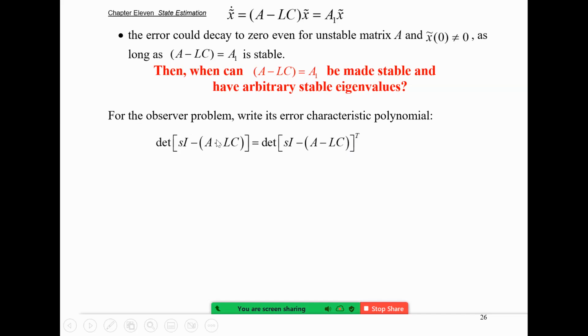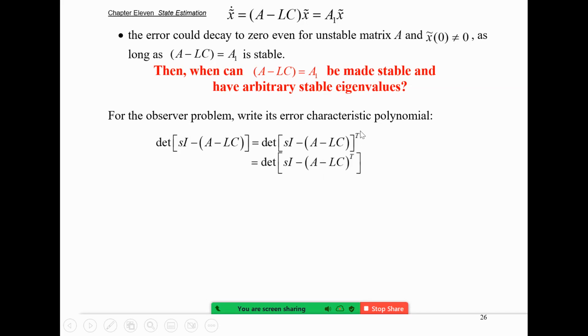Here, L is the design matrix. I want to make this L appear on the right side, and we know the determinant of a matrix is the same as the determinant of its transpose, if the matrix is a square matrix.